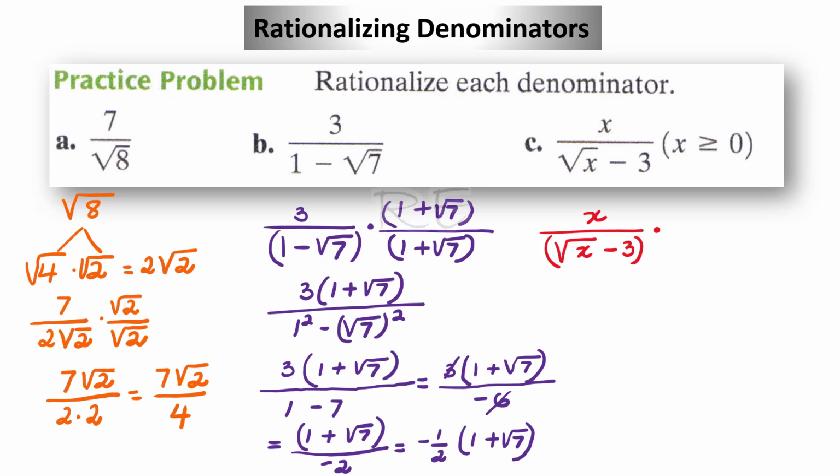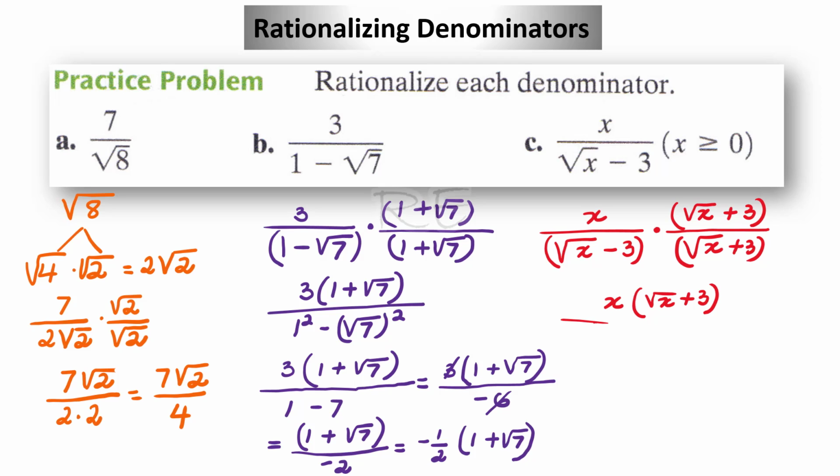We're going to multiply the fraction by square root of x plus 3 divided by square root of x plus 3. Square root of x plus 3 is the conjugate of square root of x minus 3. Numerator becomes x times square root of x plus 3.